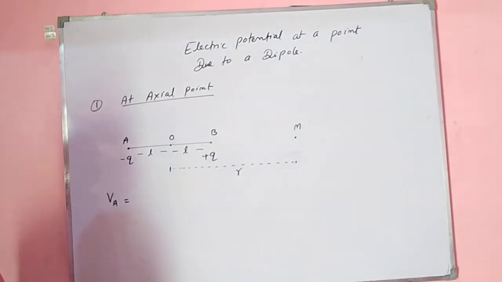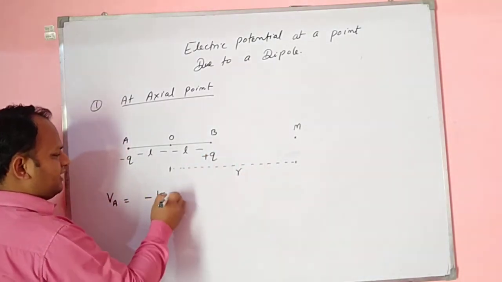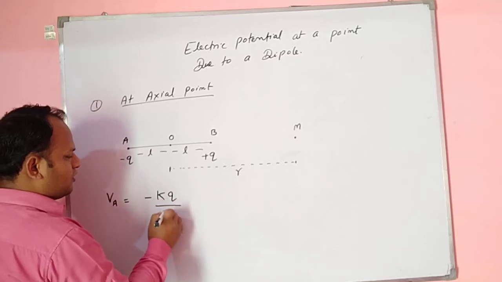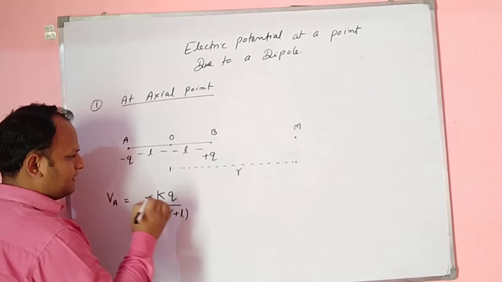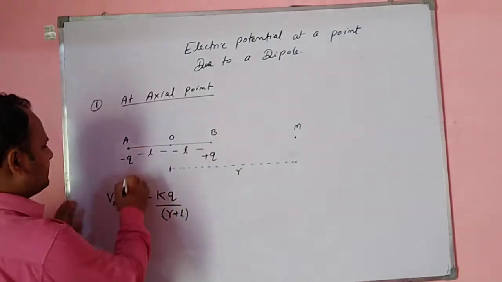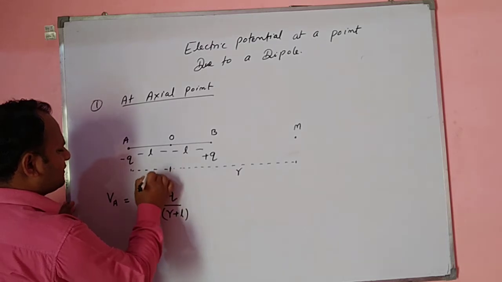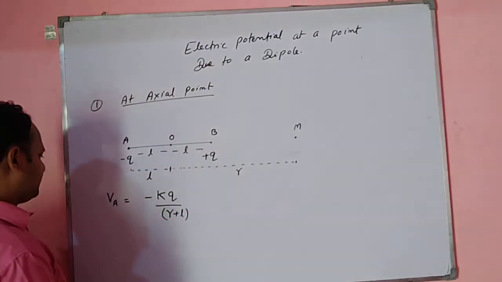or this charge at point M is negative Kq by (r plus l), the entire distance from here to here, and as we know that this distance is l, so the total distance will be l plus r or r plus l.